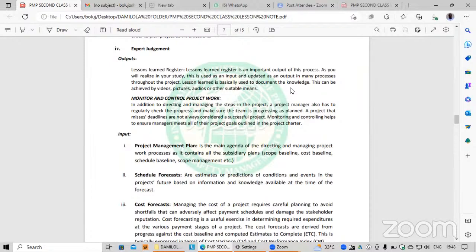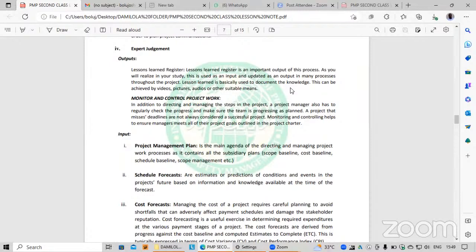Of course, documents or inputs that will be needed to achieve success in this logical process are the project management plan, which was established by the team, not the project charter. The project management plan that was established by the team managing the project, schedule forecast, enterprise environmental factors, cost analysis.